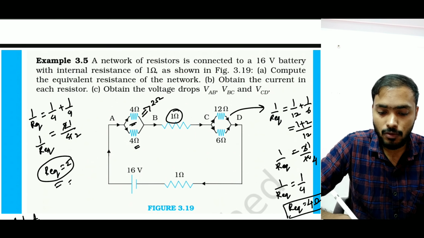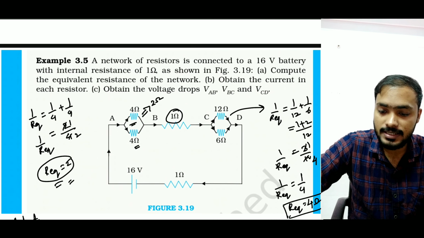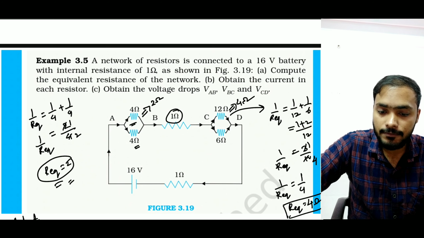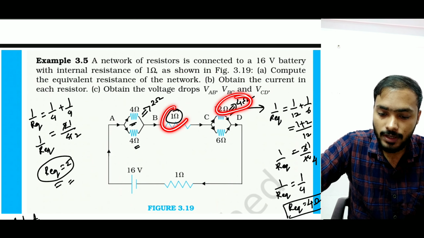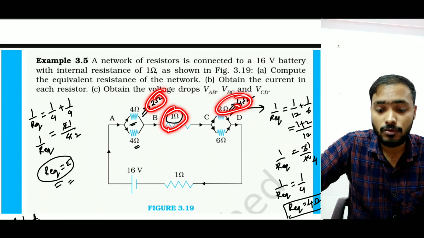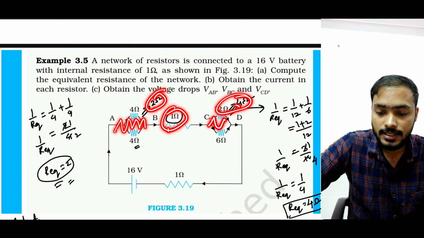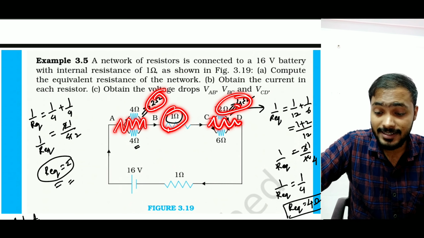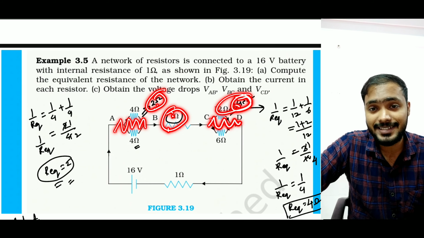So we got 2 ohm and 4 ohm. Equivalent here is 4 ohm, right? Now you have 4 ohm here, 1 ohm here and 2 ohm here. There is 4, 1 and 2 ohm, and all of them are in series, right? So you will simply add all of the resistors, right? So 4 ohm plus 1, 5, 5 plus 2, 7 ohm.